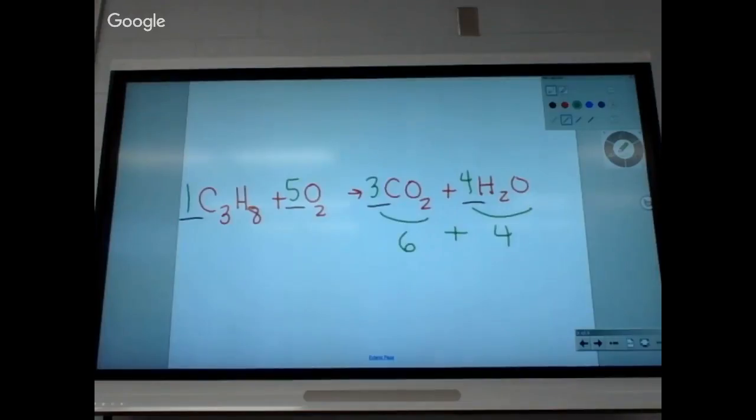This is 6. 2 nitrates, 2 nitrates. Silvers.